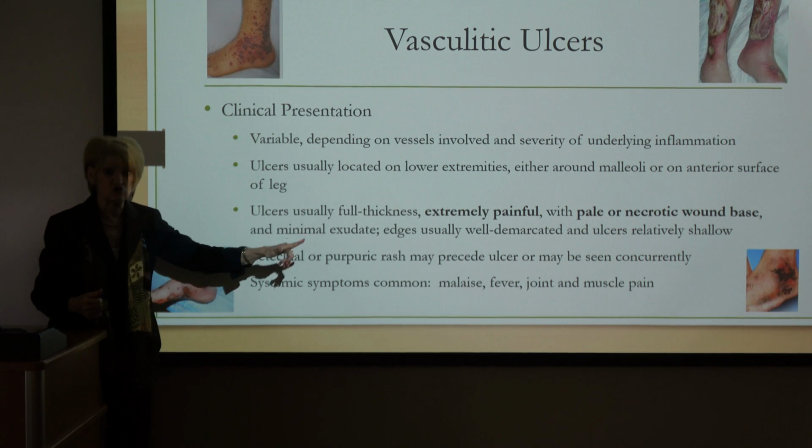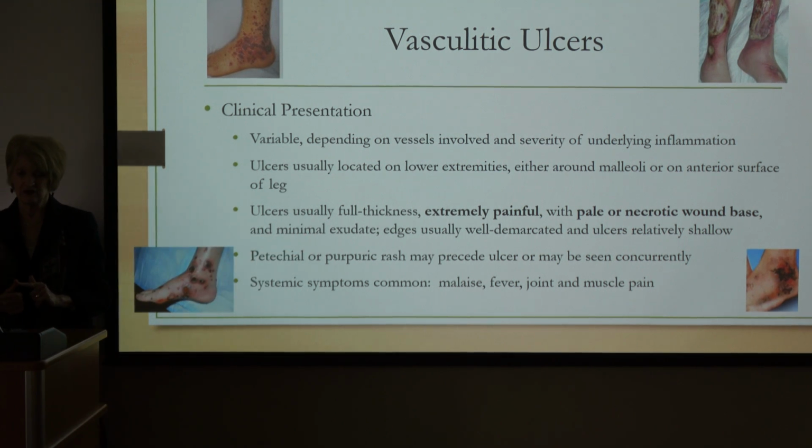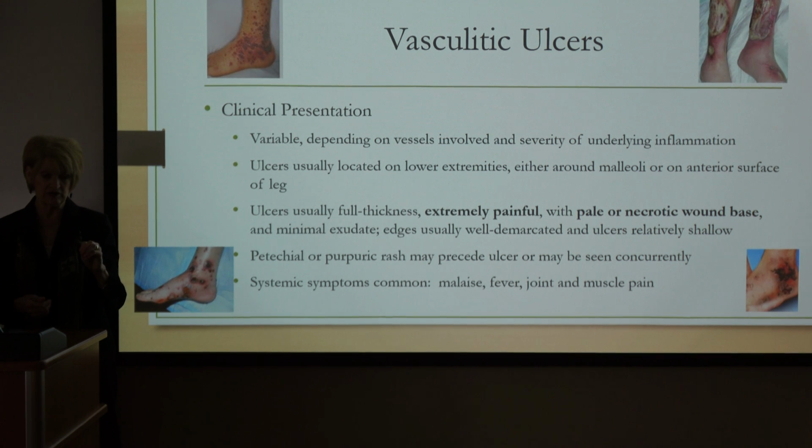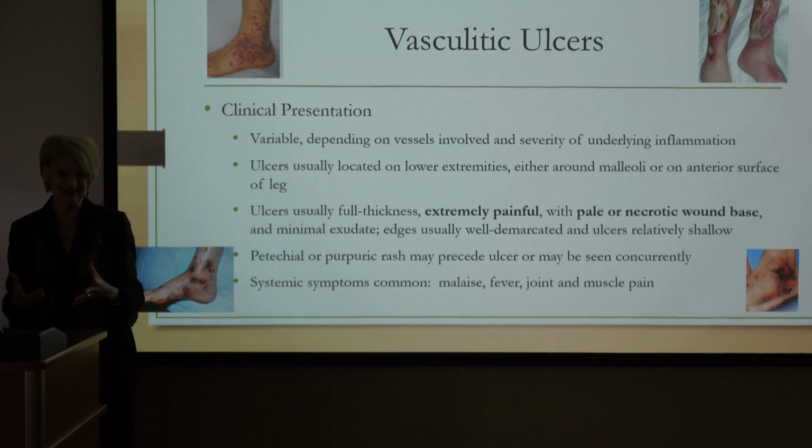Notice they're extremely painful. The ulcer bed is typically pale or necrotic because remember, this acute inflammation involving the vessel wall typically results in occlusion of the vessel or so much damage to the vessel that you get perforation. So the surrounding tissue frequently is ischemic.